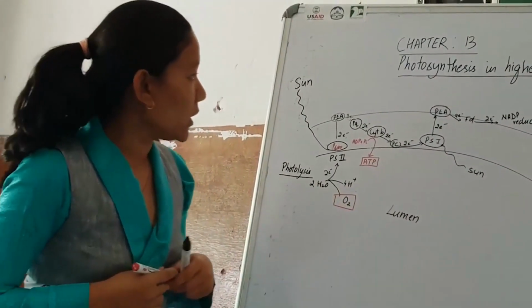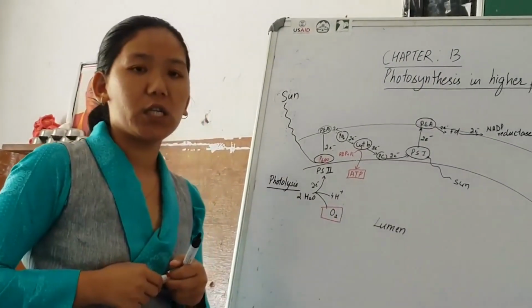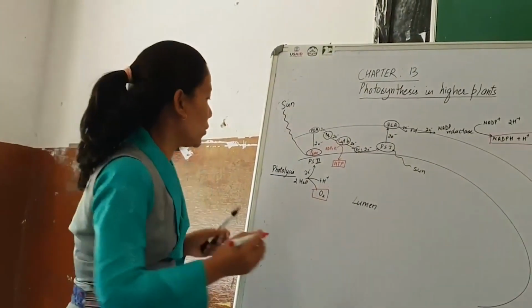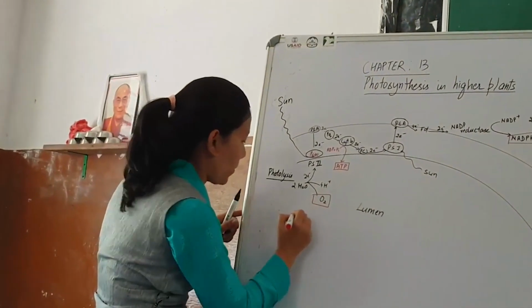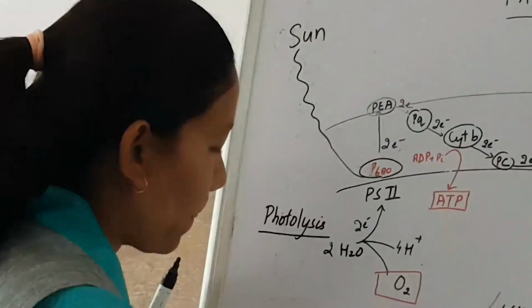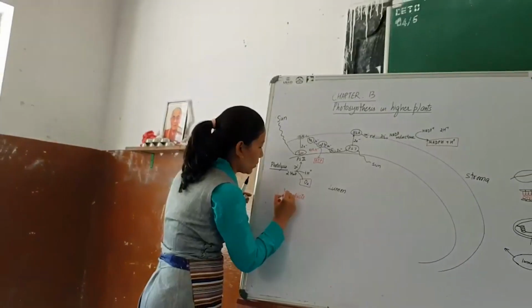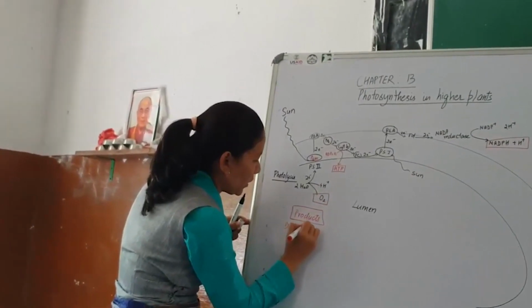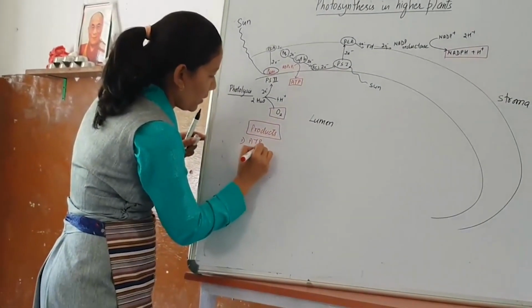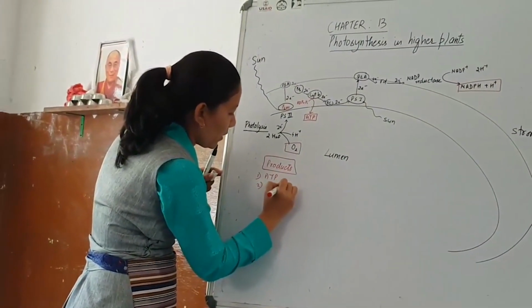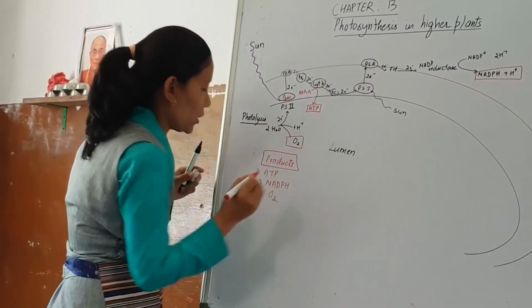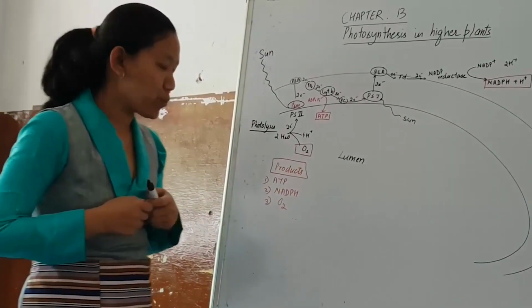Can you see what are the products of the light-dependent reaction or light reaction? The products are first ATP, and then NADPH and oxygen. So these are the 3 important products during the light reaction.